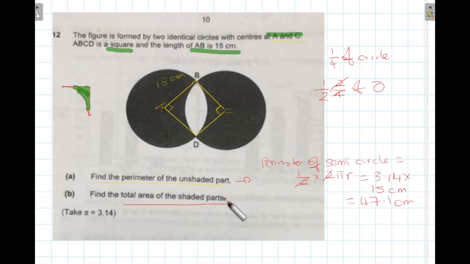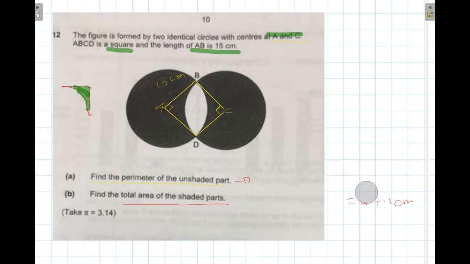The area for this and this will be the same. So I find the area of the square, this portion, minus away the area of this, which will give you this thing here.